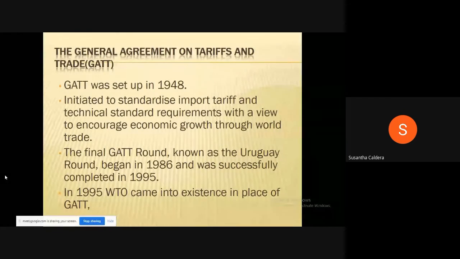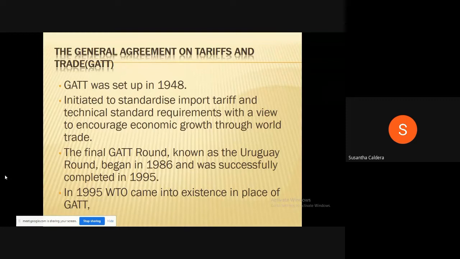Everybody realized there's no point of fighting with each other. We have to have a compromise. Because of that, the General Agreement on Tariff and Trade, or otherwise we call it GATT, was set up in 1948, right?